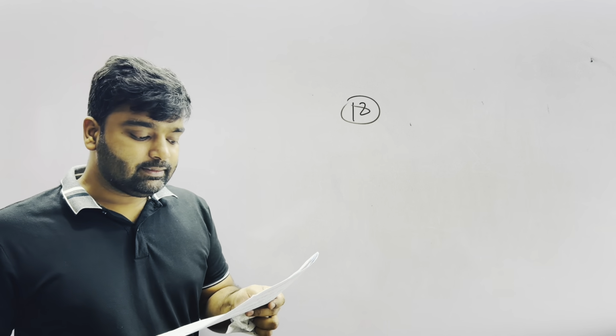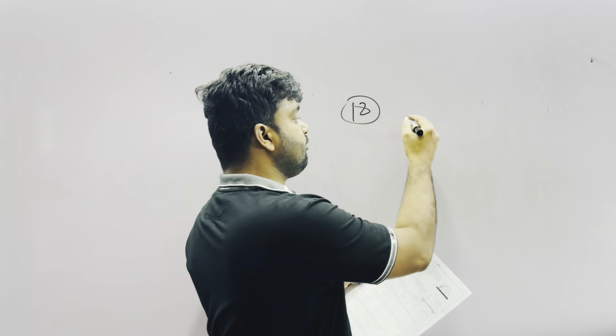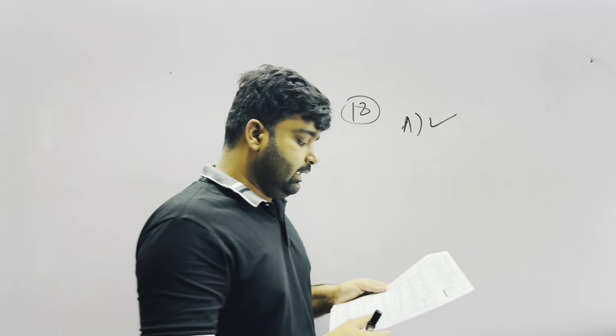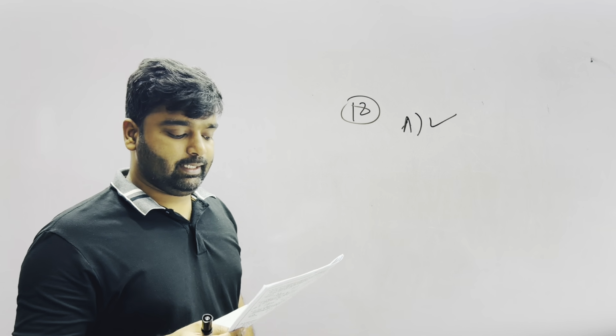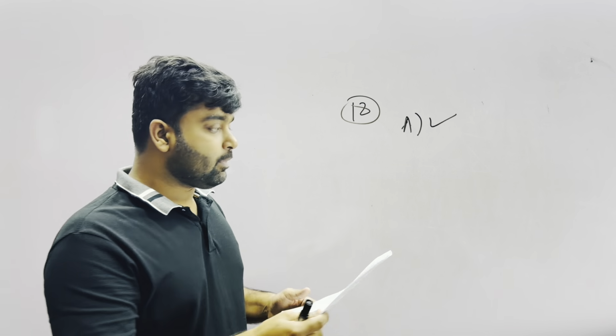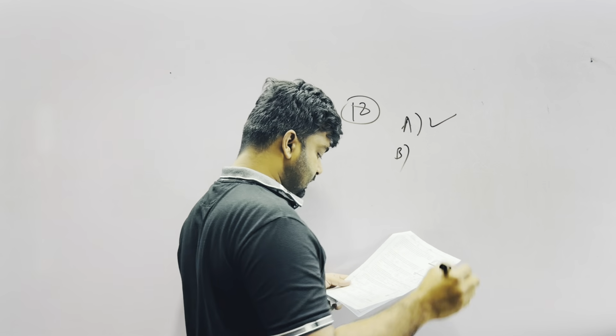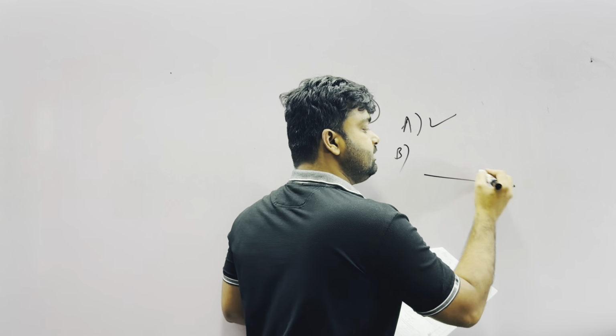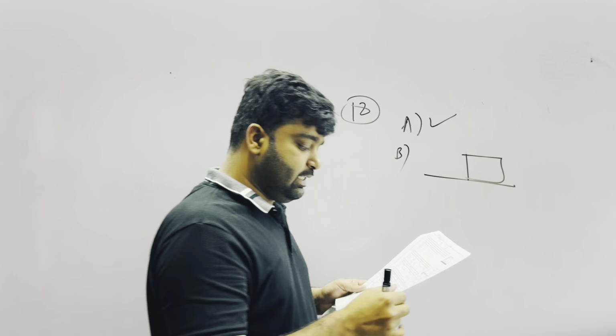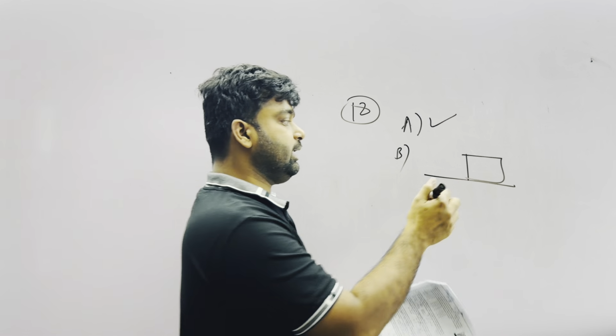Question number 18, statement A is a definition. It's correct. Inertia is the reluctance of an object to change its state of motion is correct. Statement B, the force required to position an object on a smooth horizontal surface depends on the gravitational mass of the object is wrong.